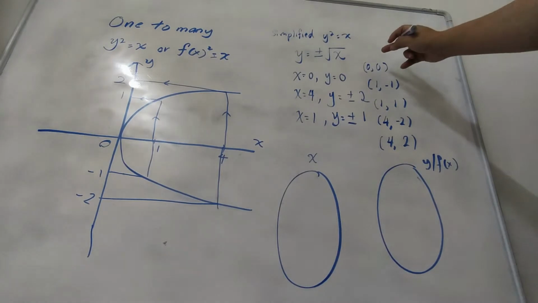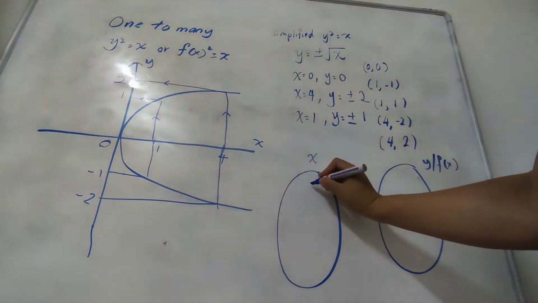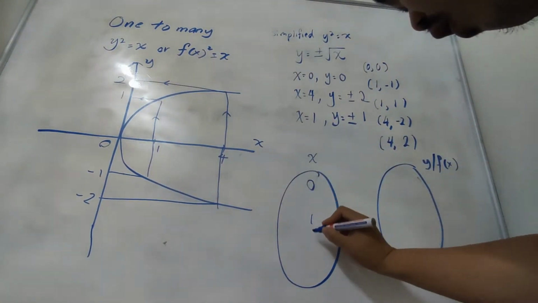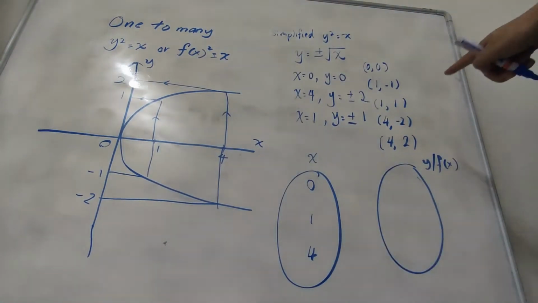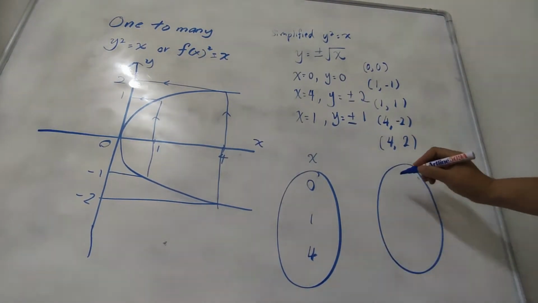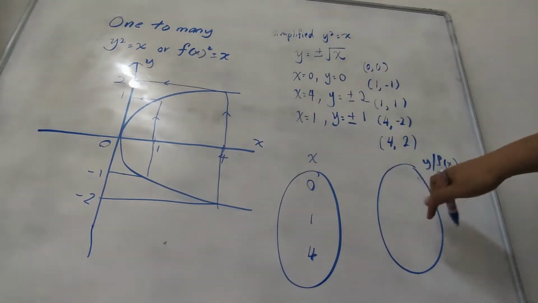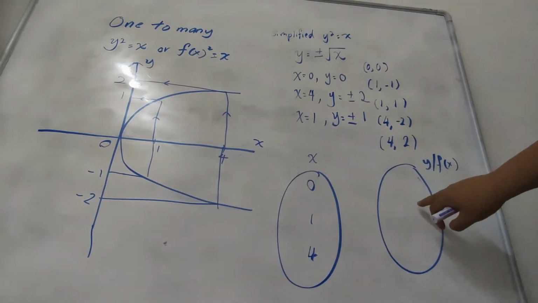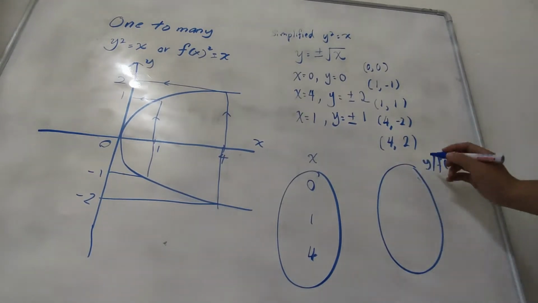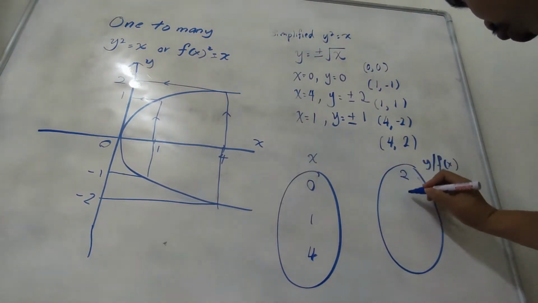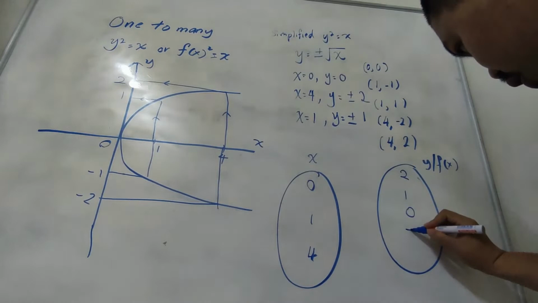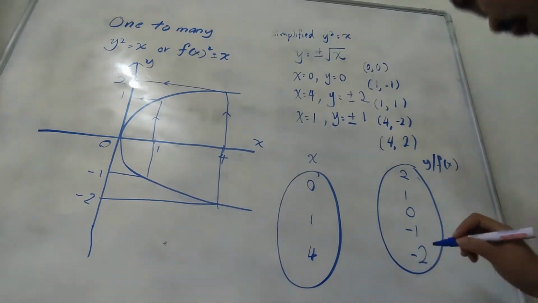Let's say you have x equals 0, 1, 4. Then for y, maybe we can do it in a more orderly way. Write the numbers in this map in order: 2, 1, 0, minus 1, minus 2.